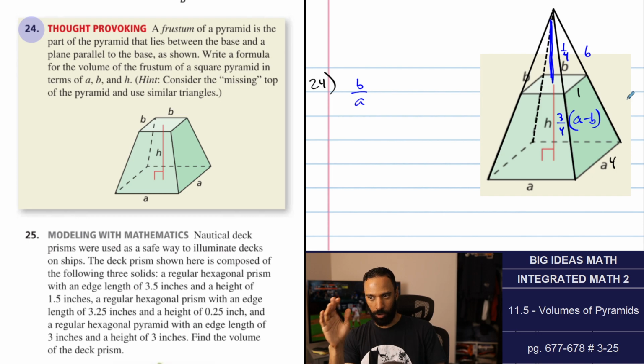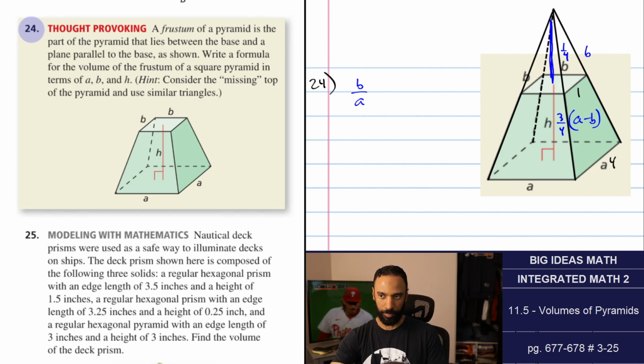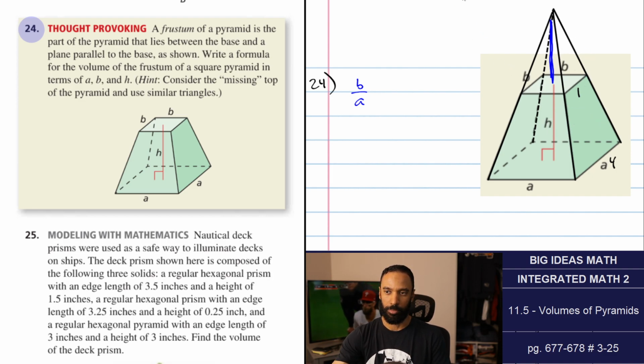I think I have to multiply, because that's 4 minus 1. This is a minus b times larger than whatever this number is.